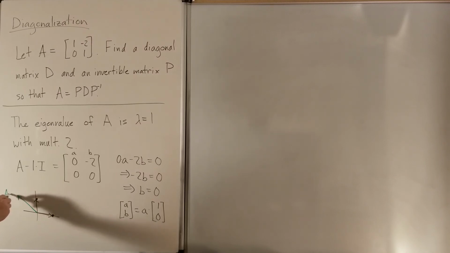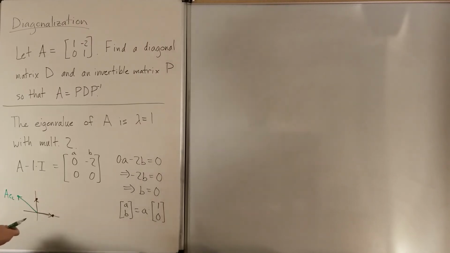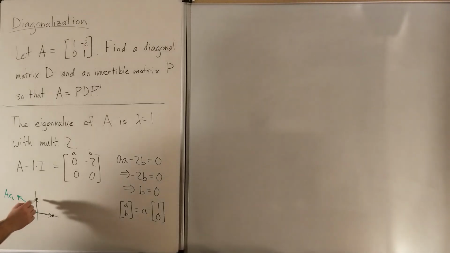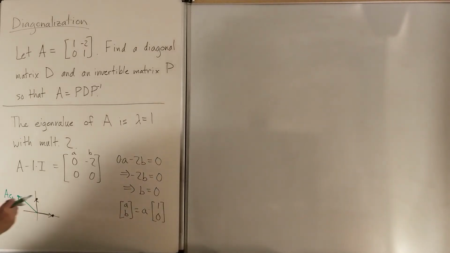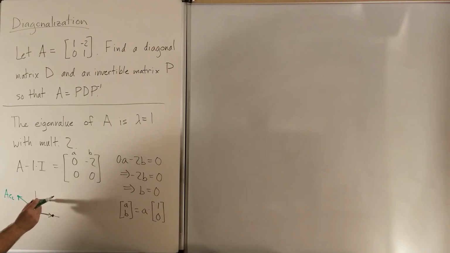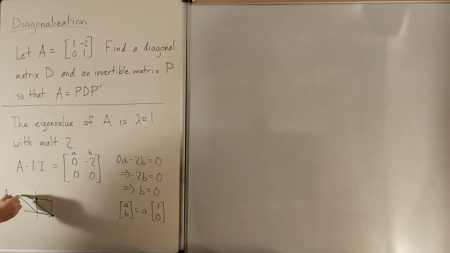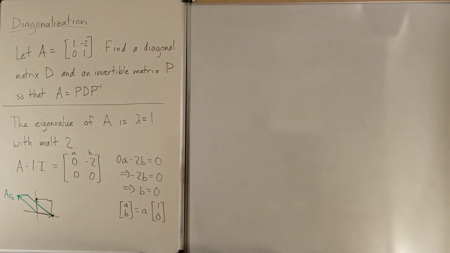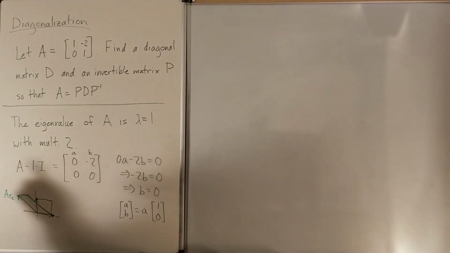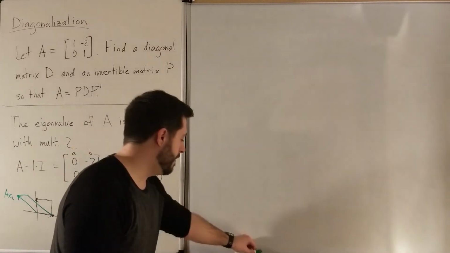So this is AE2 over here. So if we take this square and we apply the matrix A to it, we're going to get something like this parallelogram here. Didn't draw that very well, but the idea is it's just a sheared over version of the original square.